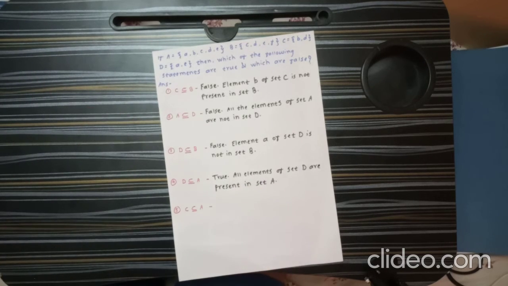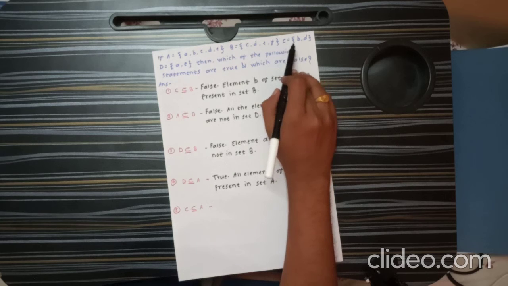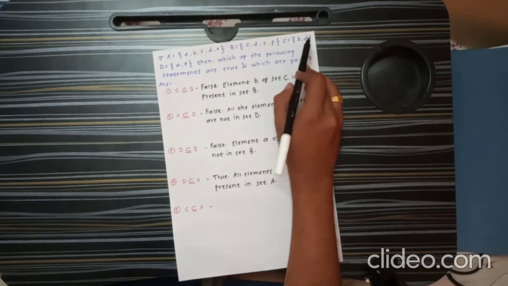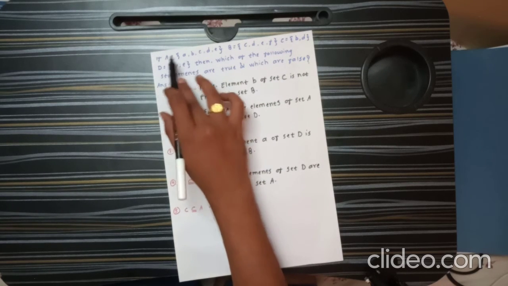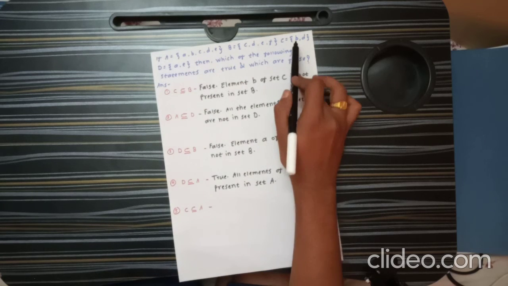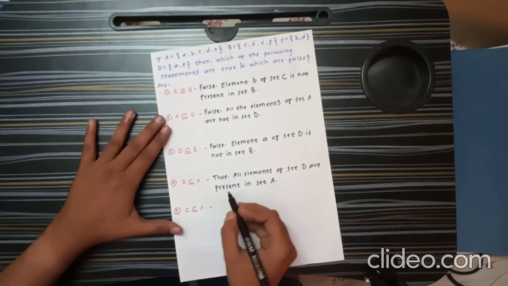And the last statement we are going to consider: C is a subset of A. See, C, which is having b and d elements, is a subset of A. Set A is also having b and d, which are part of set C. So this statement is also true.